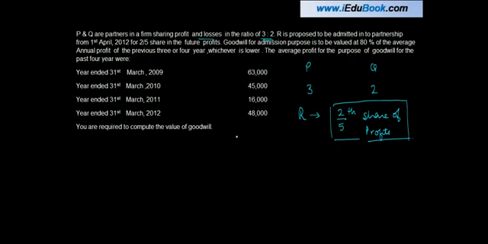Goodwill for admission purposes is to be valued at 80% of the average annual profit of the previous 3 or 4 years, whichever is lower.